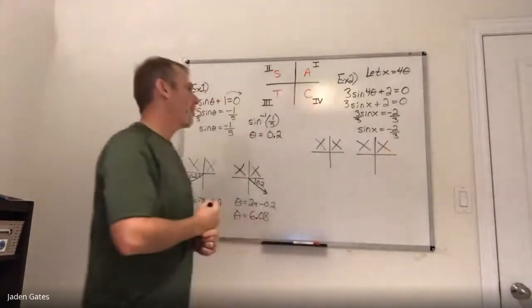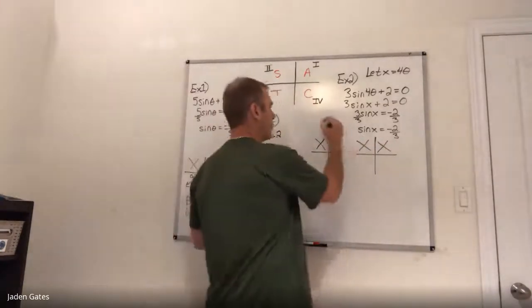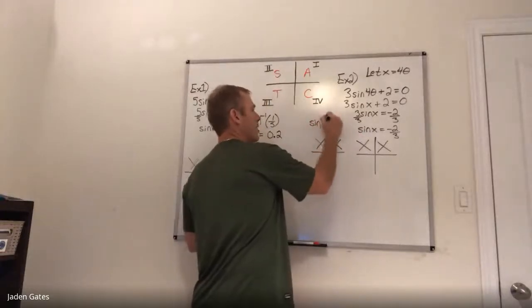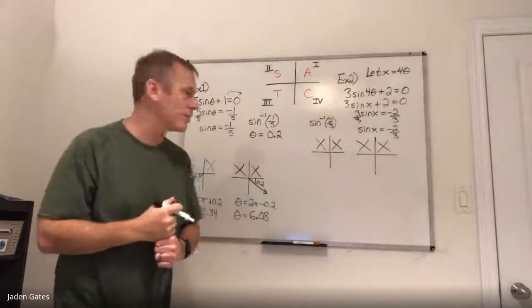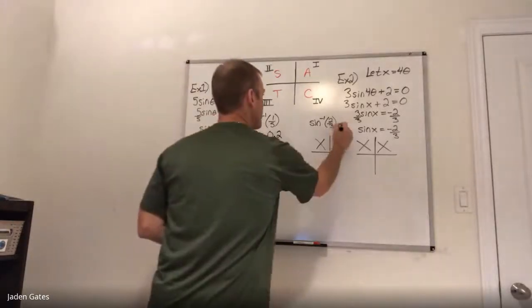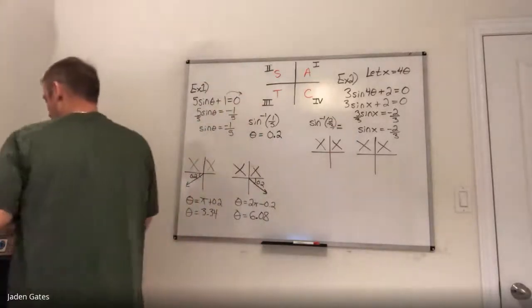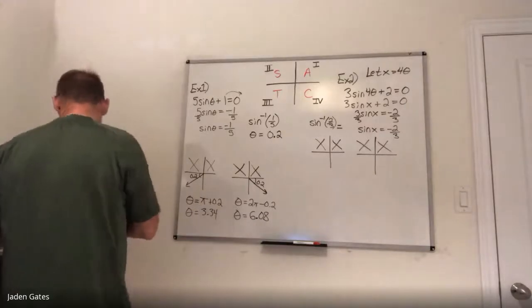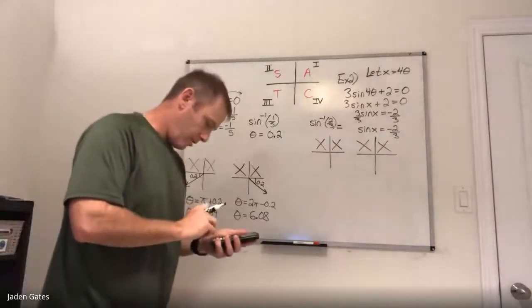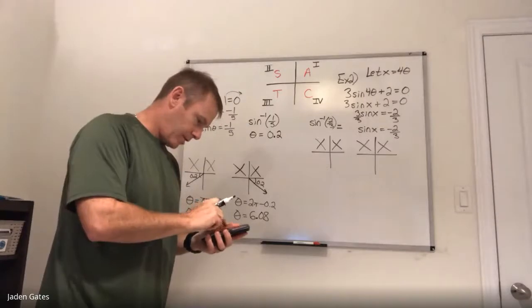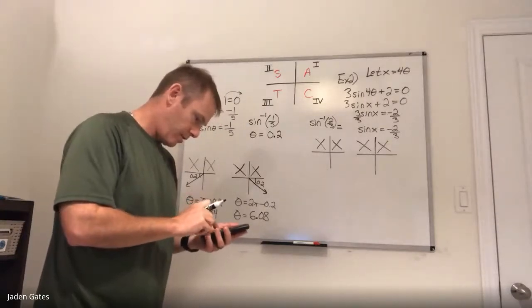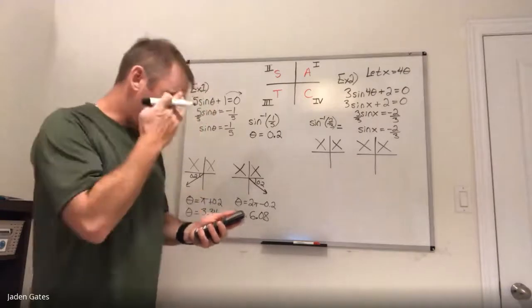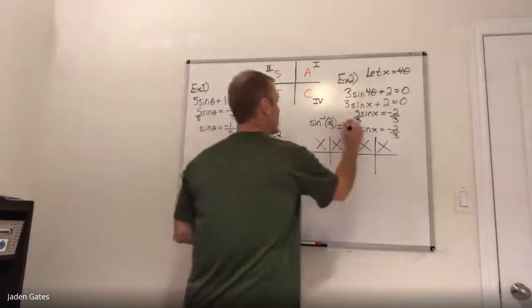All right, I take the sine inverse of 2/3, right? Because the negative sign just tells me the CAST rule. That's all it does. And the sine inverse of 2/3, let's see here, sine inverse 2 divided by 3. And I get, rounding to 2 decimal places, 0.73.